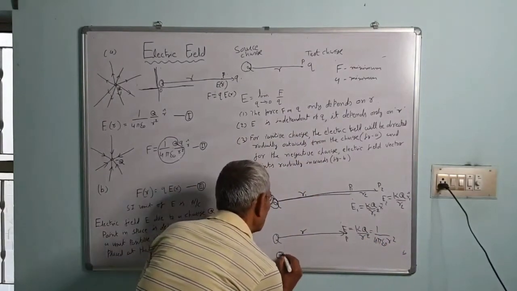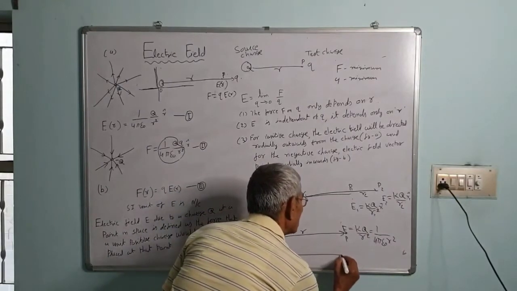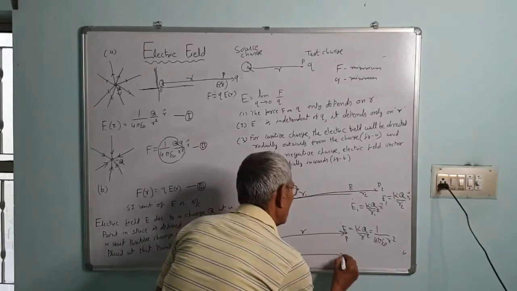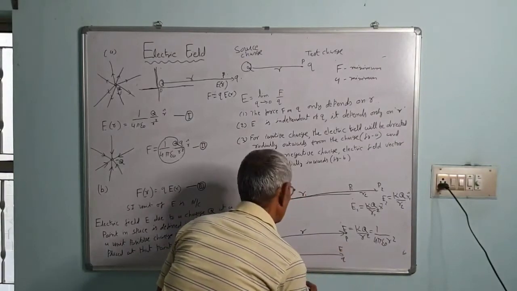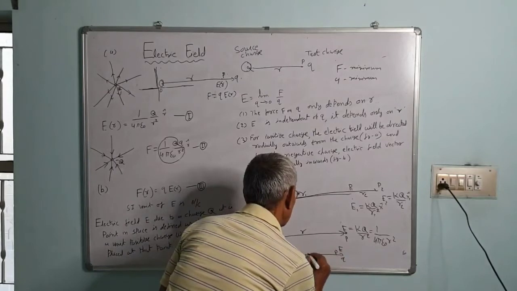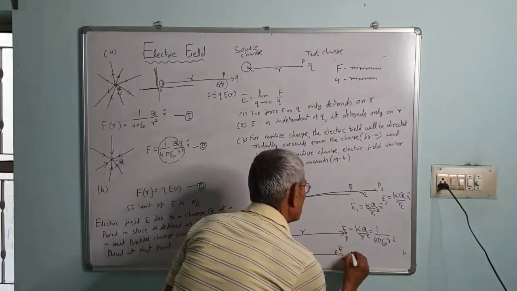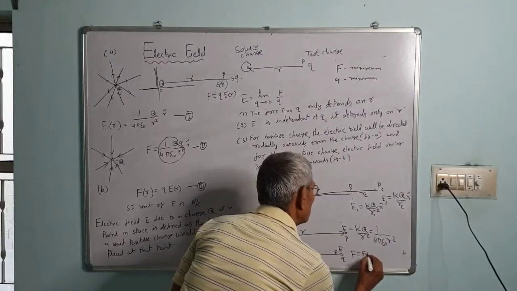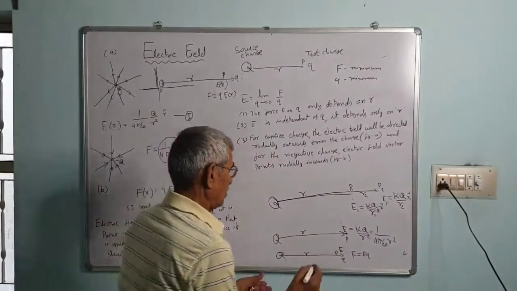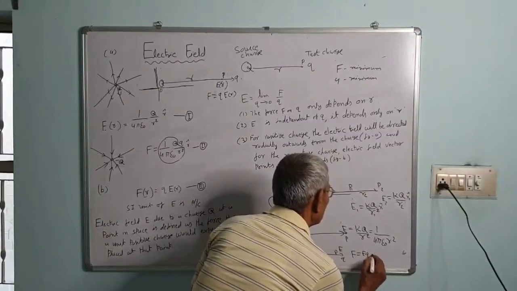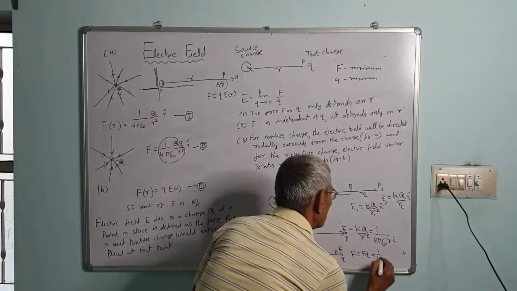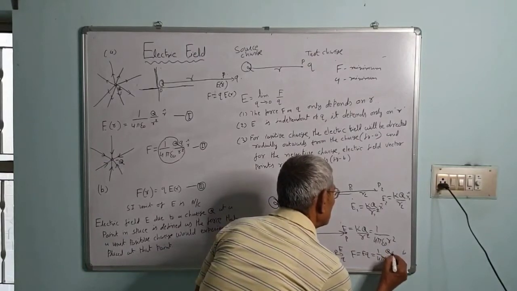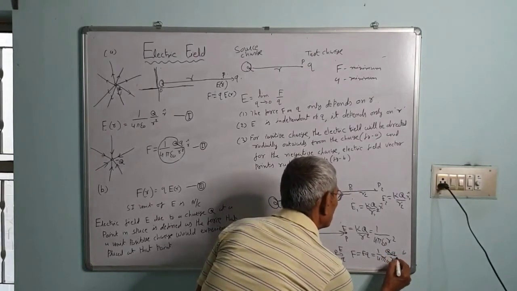Now, if you place a charge Q where electric field is E at a point P, position vector R, the force experienced by it, F, is equal to EQ simply, that is equal to 1 upon 4 pi epsilon naught QQ upon R square.